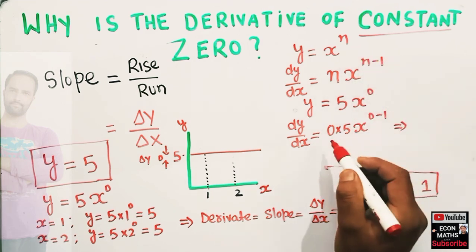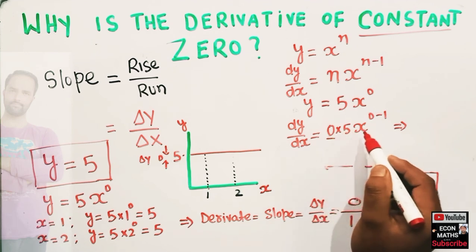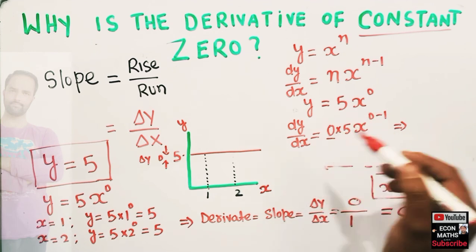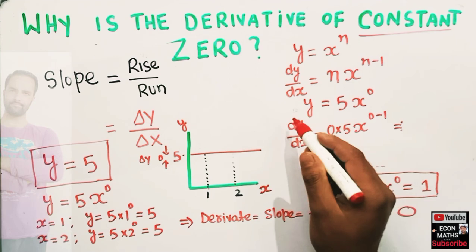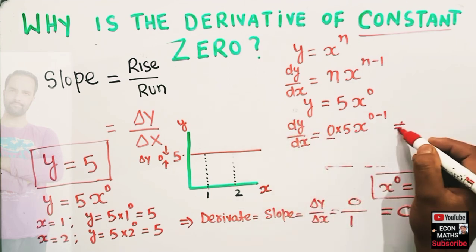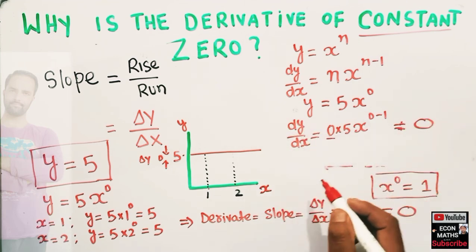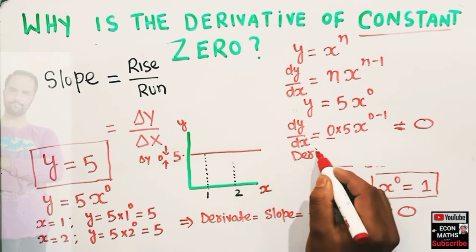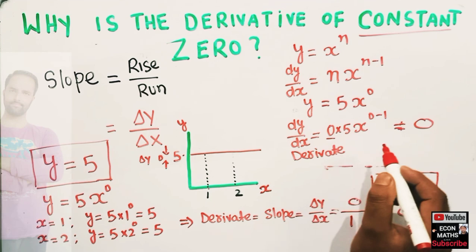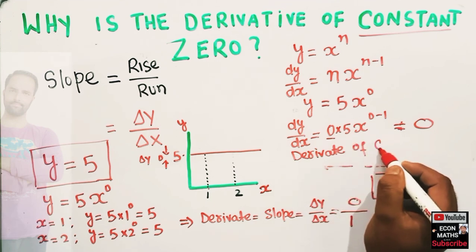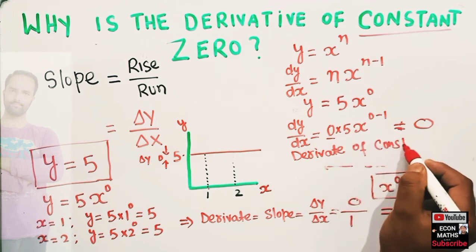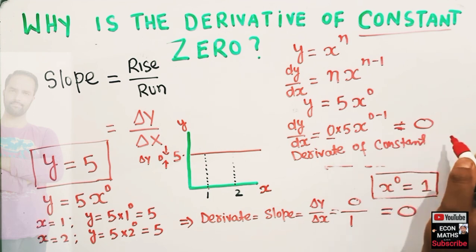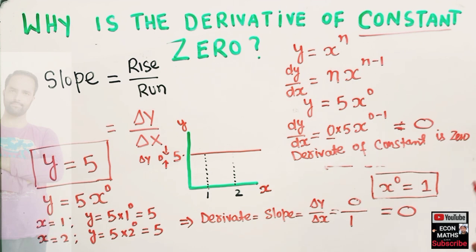So we have 0 multiplied by any number, which becomes 0. That means dy upon dx will be equal to 0. That means the derivative of a constant is 0. I hope I made myself clear in this video.